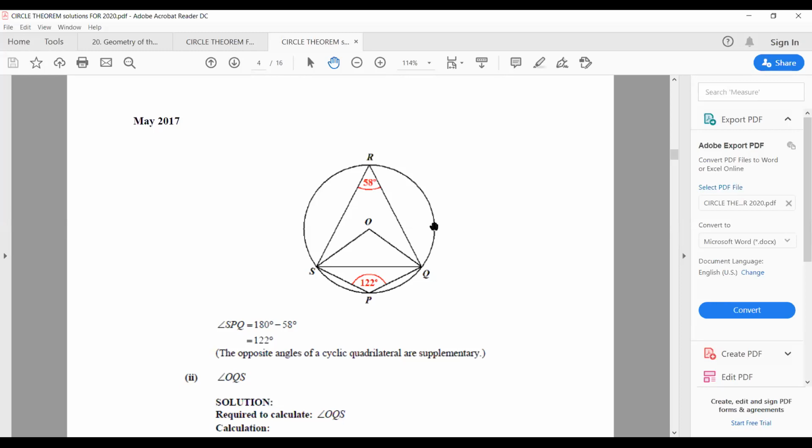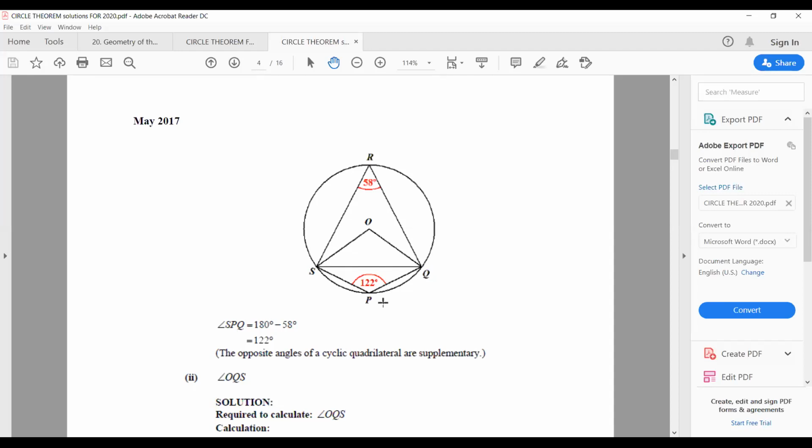Okay, so May 2017, the first part, we are asked to calculate angle P. So this is angle P here. We know that it's a cyclic quadrilateral here, right? So it's just 180 take away 58, right?